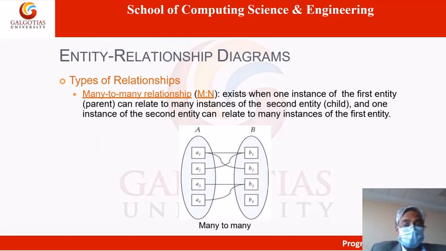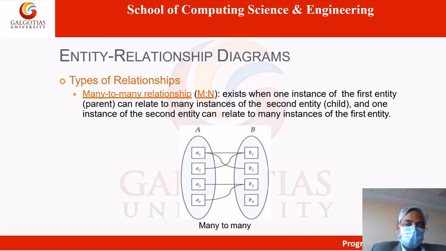Now, this is the third type of relationship. That is called many-to-many relationship, and it is denoted by M:N. It exists when one instance of the first entity can relate to many instances of the second entity, and one instance of the second entity can relate to many instances of the first entity.